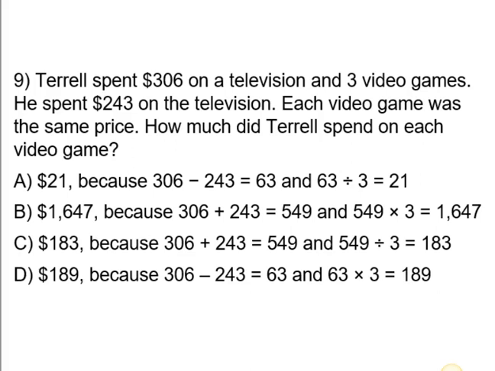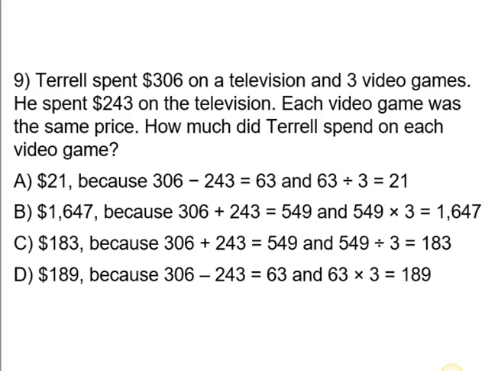A, $21, because 306 minus 243 is equal to 63, and 63 divided by 3 is equal to 21. B, 1,647, because 306 plus 243 is equal to 449, and 449 times 3 is equal to 1,647.